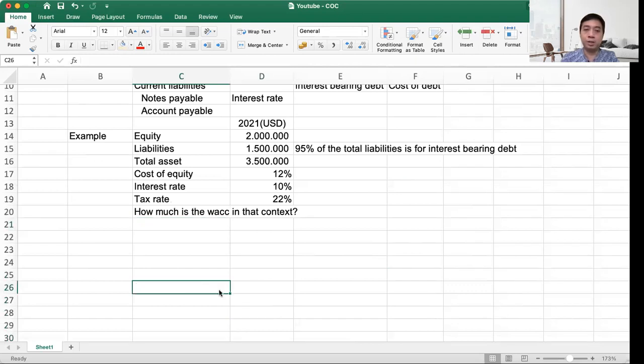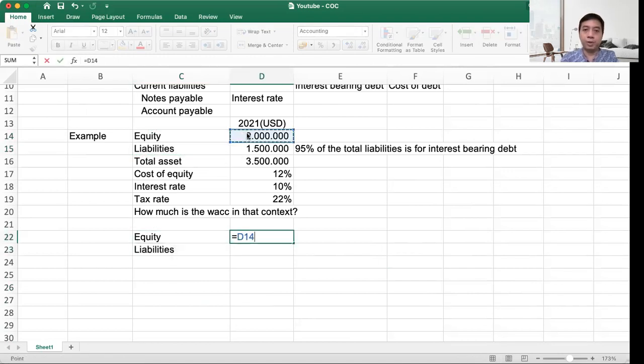Now, the way we calculate it is like this. I'm going to delete this one first. Just copy this one here. Put the amount of money for the equity here. But for the liability, you need to calculate 95% of the total liability first. So in this part, we need to calculate the interest-bearing debt first.